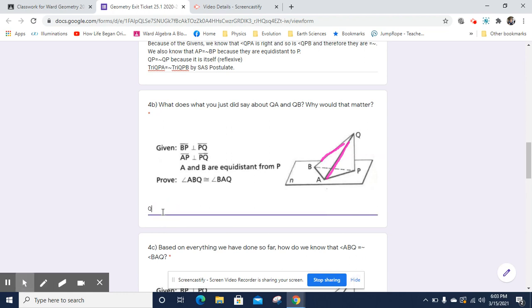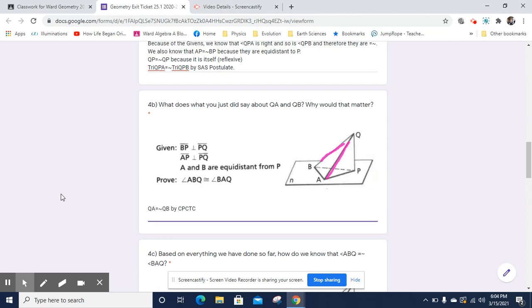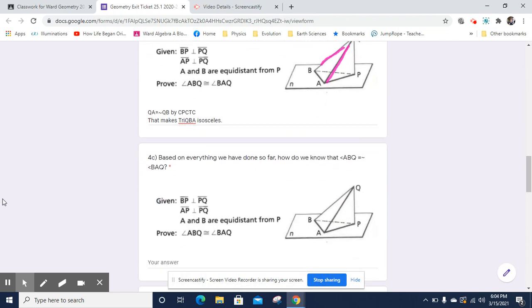So QA is congruent to QB by CPCTC. Corresponding parts of congruent triangles are congruent. And why does that matter? That makes triangle QBA isosceles. Okay, so that's going to help us on the next one.